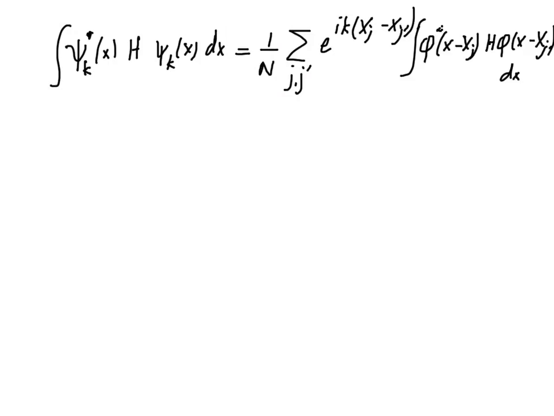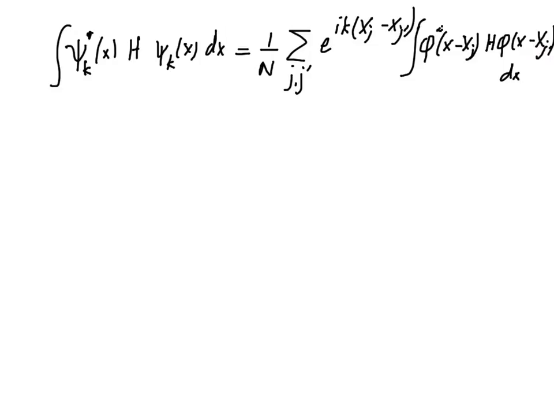Okay, in order to simplify this whole expression further, we're going to make some assumptions. We're going to say that this integral here is going to be non-zero only under two special cases. Either when j equals j prime, meaning we're talking about the same atom. Bear in mind that j and j prime label atoms.